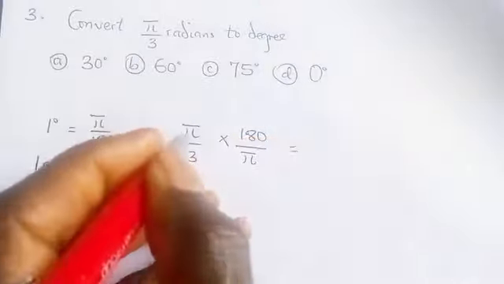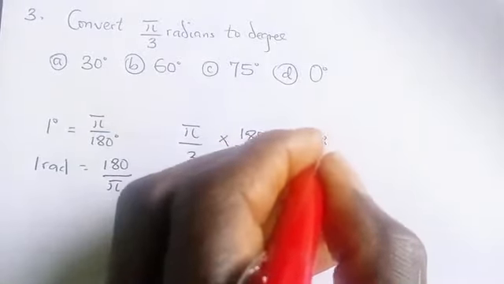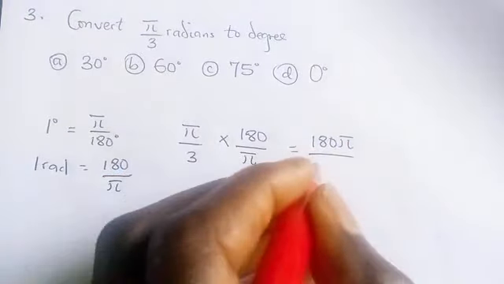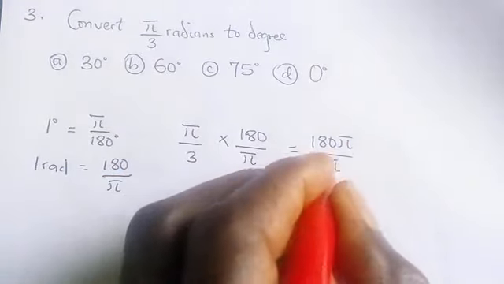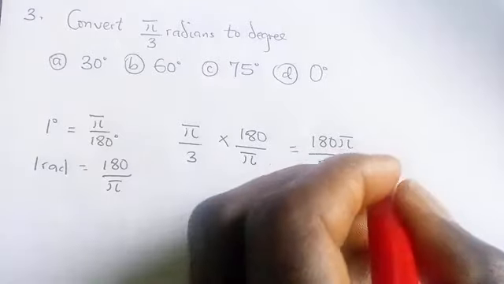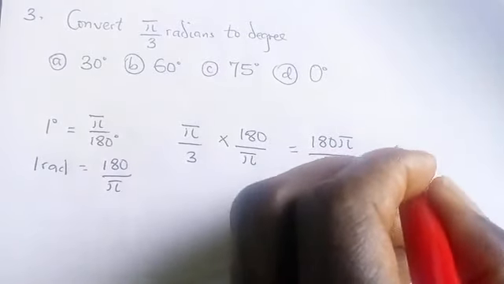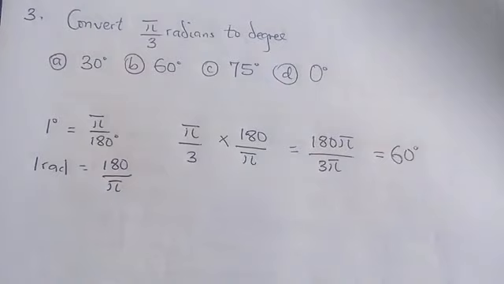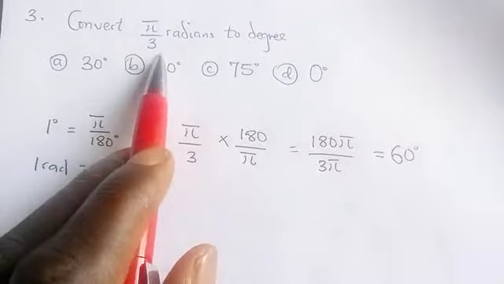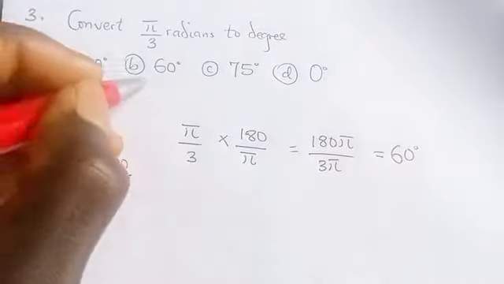That is equal to 180 pi divided by 3 pi, which is equal to 60 degrees. So 60 degrees is the equivalent of pi over 3, corresponding with option B.